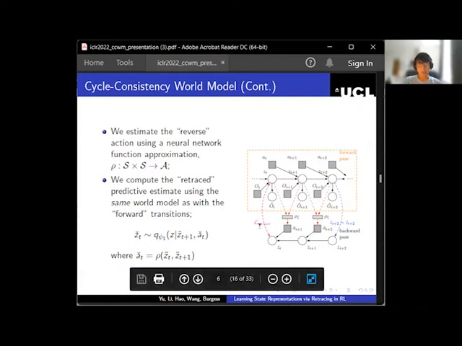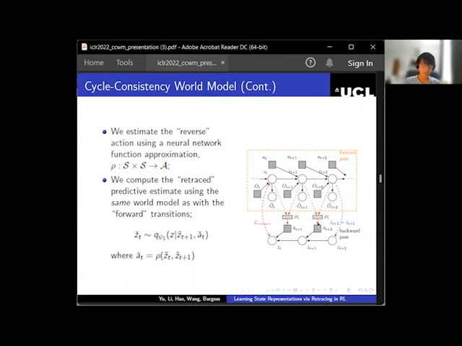At the retrace steps, it only contains the prior predictive distribution instead of the posterior predictive distributions, for the purpose of extending the planning and prediction horizons, so it doesn't make any reference to the actual observations. Apart from that, it only partly, implicitly involves the observations by estimating the reverse actions.